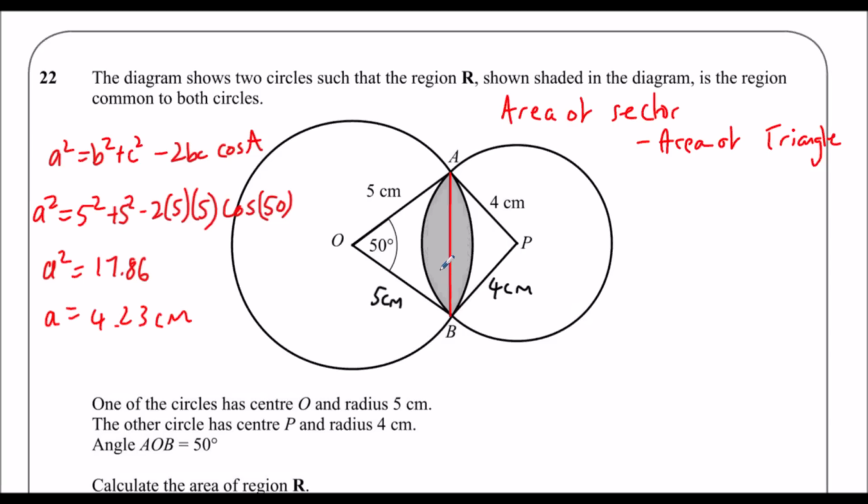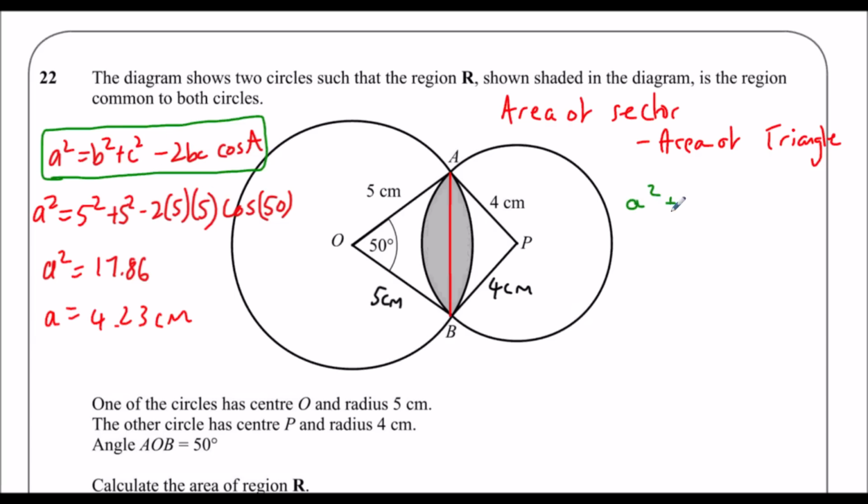Then we can use the cosine rule again. When we're finding an angle using the cosine rule, it's better to use the rearranged version. So that's the original version. We can rearrange it by adding 2bc cos A to both sides.